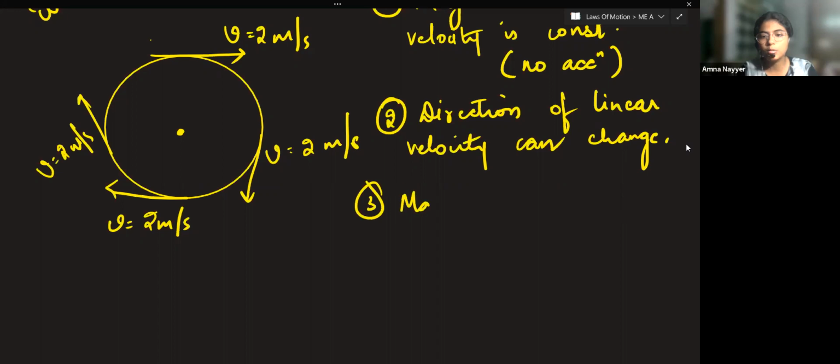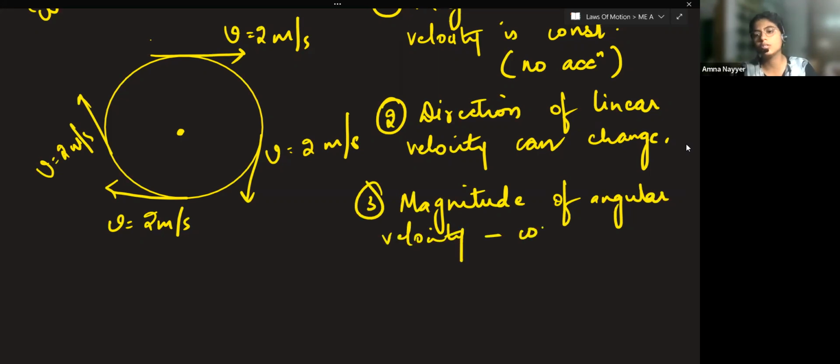So the magnitude of angular velocity is also constant. See, the direction of angular velocity, on Monday's class we had seen that this is along the axis of rotation. The axis of rotation will remain fixed always. It's not the tangent, the direction will be different. So it means the direction of angular velocity can also be constant.